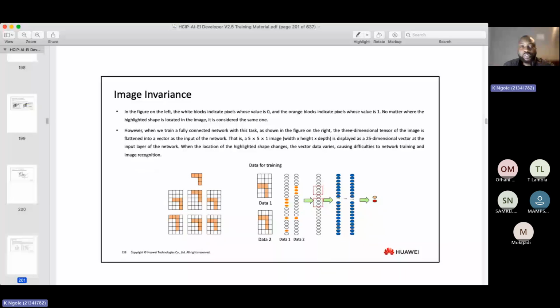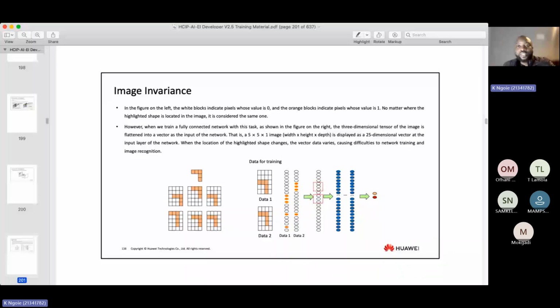This is the case where you look at an image and you have a certain shape located anywhere in the image. It doesn't matter where it is. Let's say we have two different images, but in both you find the same shape.